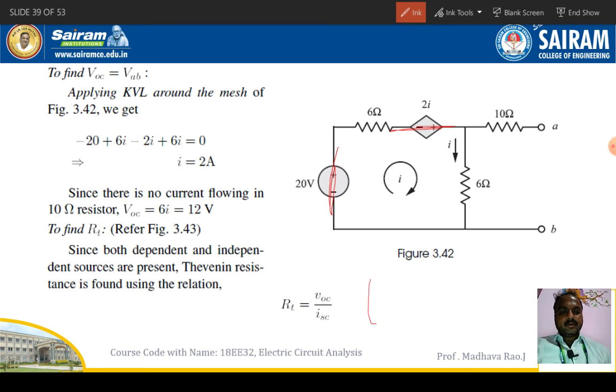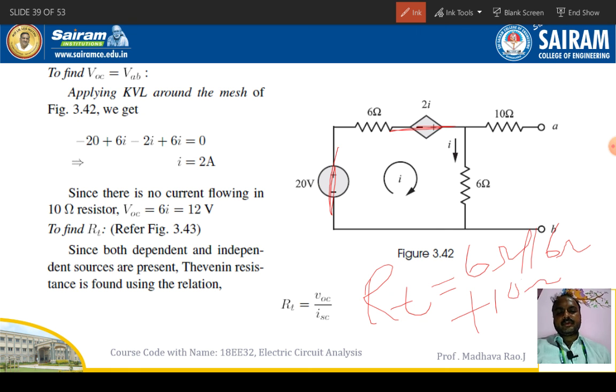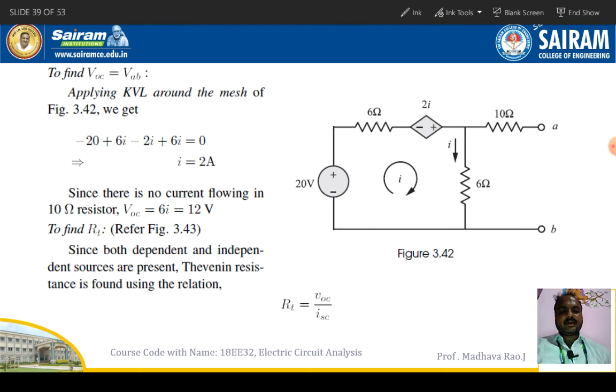So here RT is equal to 6 ohm parallel to 6 ohm and series to 10 ohm. Series to 10 ohm we have to find out. Otherwise we can find out open circuit voltage divided by short circuit current. So okay. So first you find out the RT.